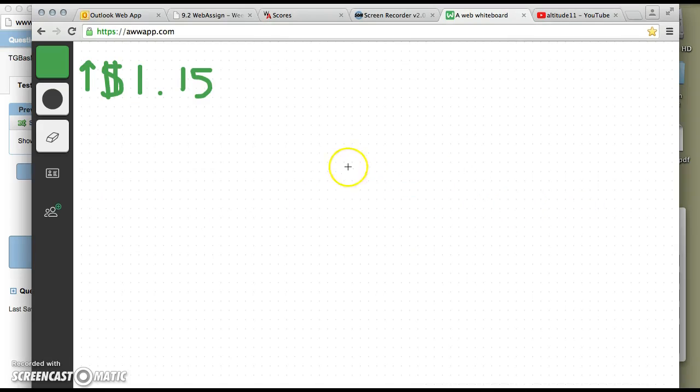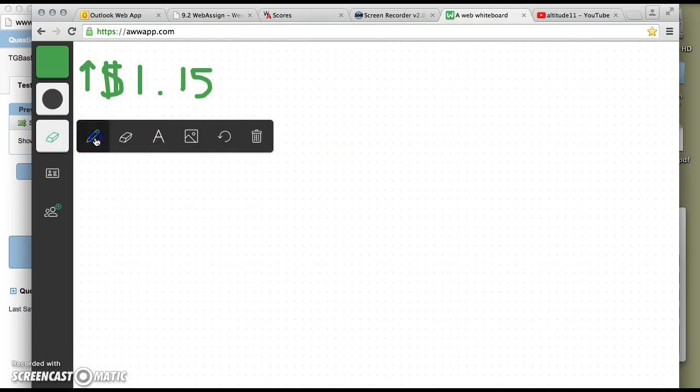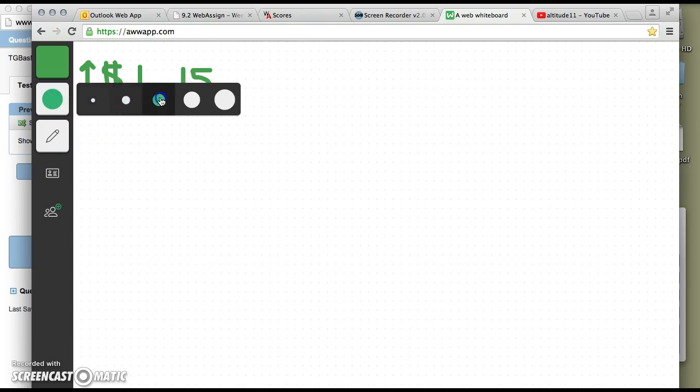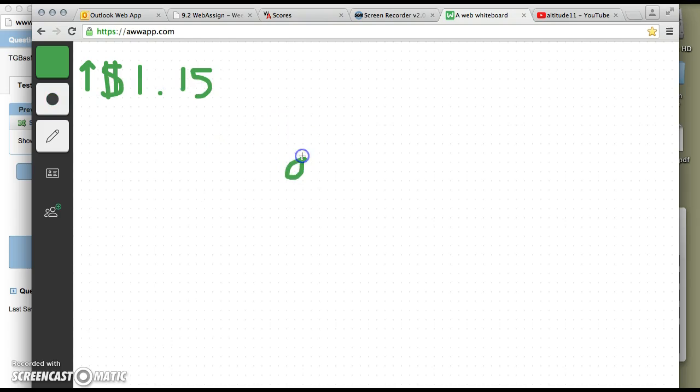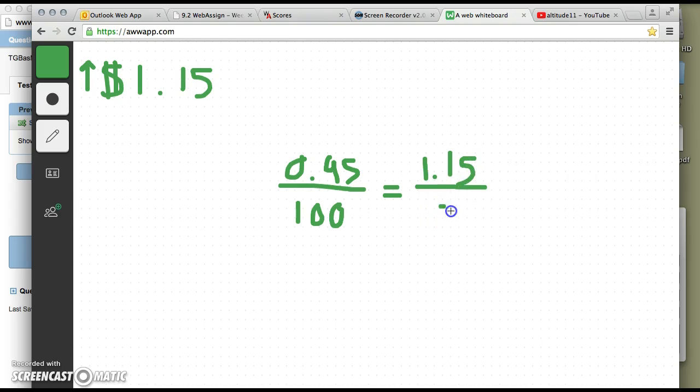All right, well, we can set ourselves up a little bit of a proportion. We know that 95 cents, we can consider this 100% of our original cost, which tells us then that $1.15 would be what percent?